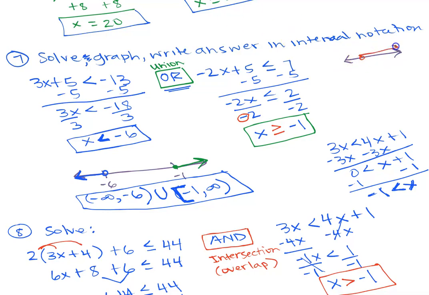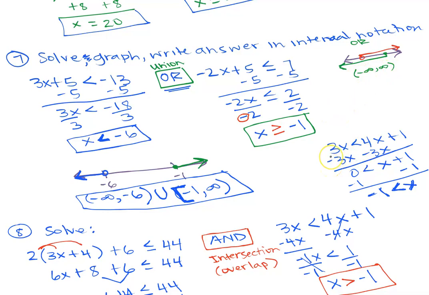You had this one going this way, and then you had this one going this way. And it's an or statement, right? So if it has an or statement, we're not looking for the overlap. We're saying everywhere the green graph appears and the red graph, so that would be everything, negative infinity to infinity, all real numbers.